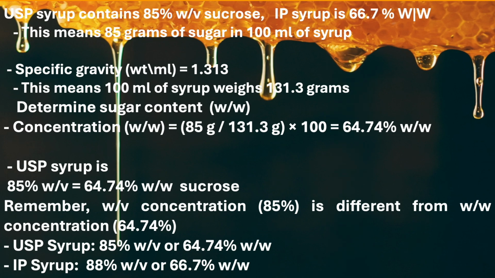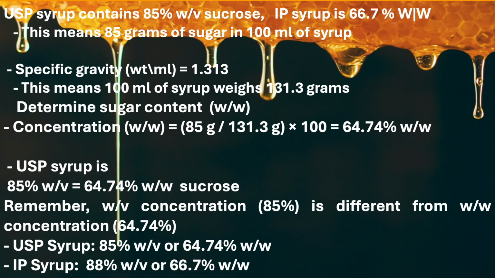You have to remember that weight by volume concentration is different from weight by weight concentration. They are not the same. So 85% weight by volume of USP syrup is 64.74% weight by weight. In the same way you can calculate your IP in terms of weight by volume.